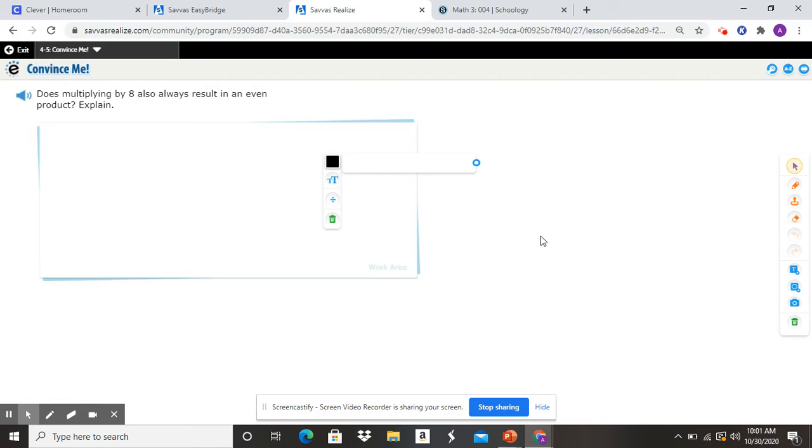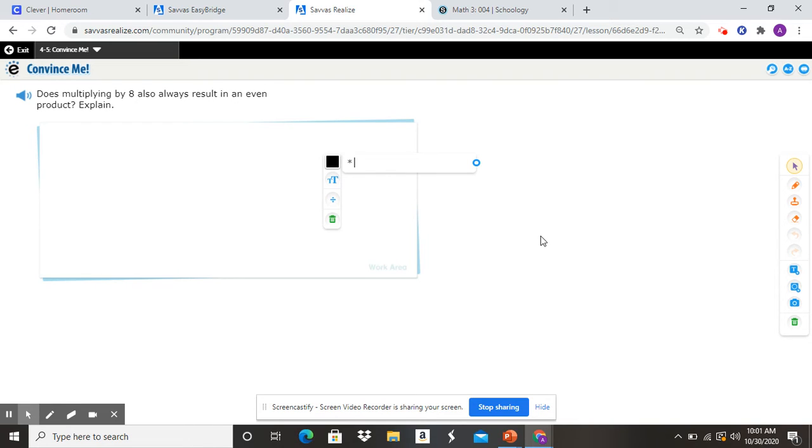Any number that ends in 2, 4, 6, 8, or 0 is going to be an even number. So the number 22, in the ones place, you have the number 2, so it's going to be considered an even number. Your odd numbers are 1, 3, 5, 7, and 9.